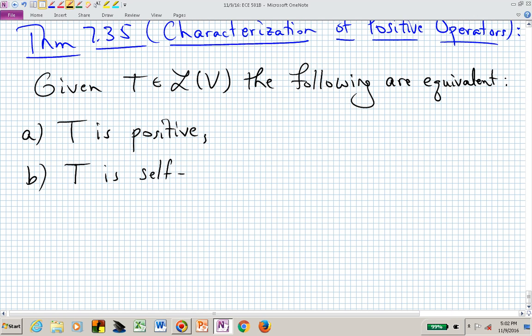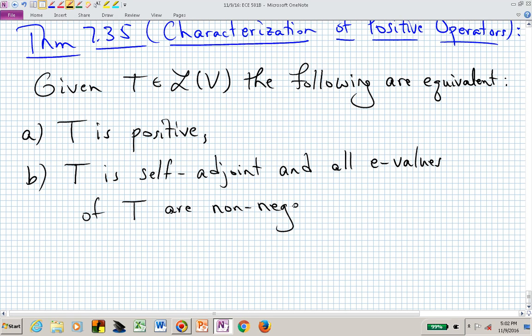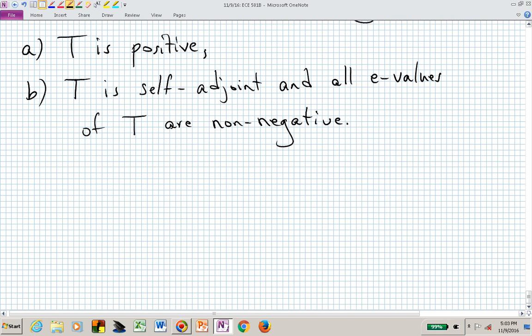Statement B, T is self-adjoint. That's kind of a no-brainer, but from the definition of positive. And all of the eigenvalues, which I'm going to abbreviate as E-values, of the operator T are non-negative. So if you have a positive operator, then if you found the eigenvalues of that operator, all of those eigenvalues will be non-negative. Or vice versa.